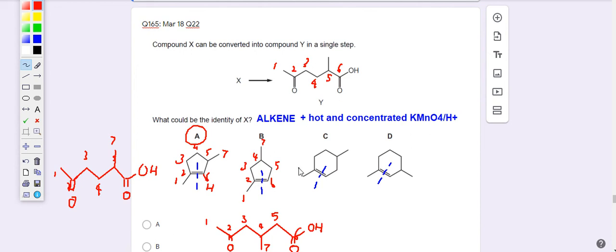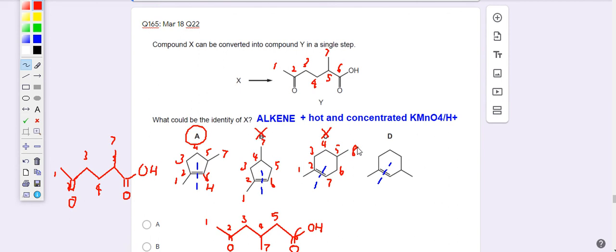Now let's do the same for C. We have 8 carbons, but Y only has 7. So C definitely cannot be the answer.